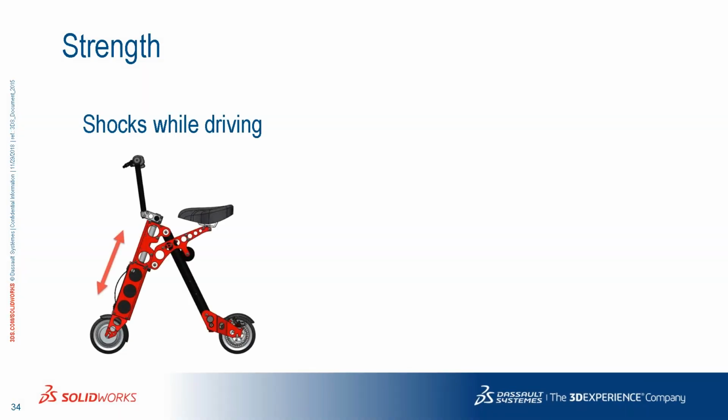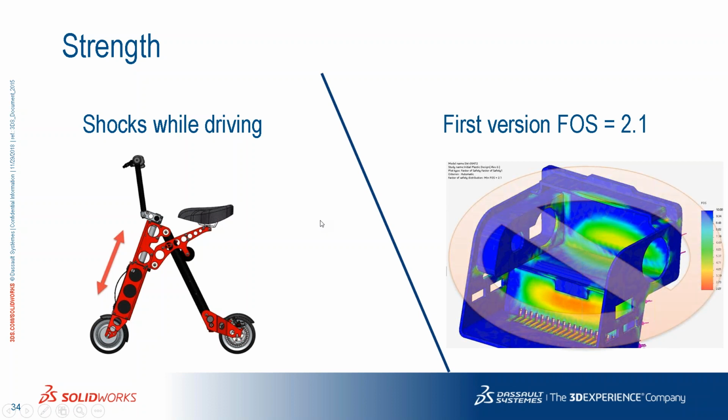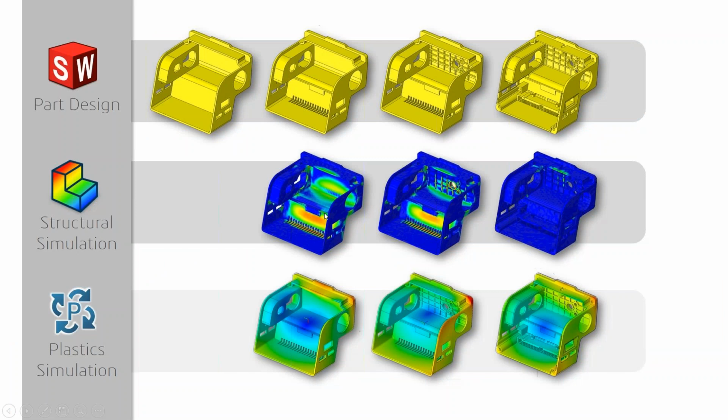From a strength point of view, there are some situations that you would assess, like shocks while driving. In this case, the first version of that part had a factor of safety of 2.1, so it was not intended for that kind of usage.